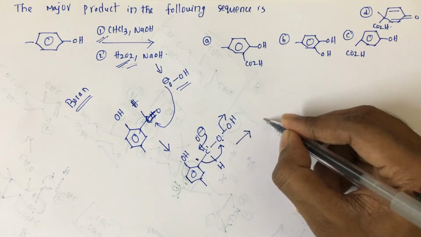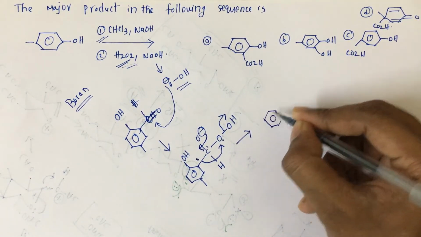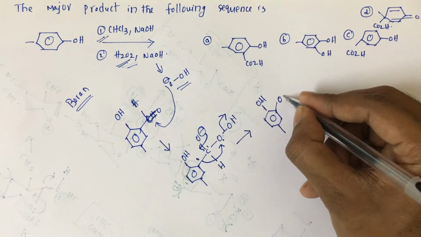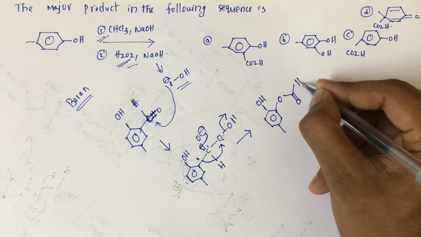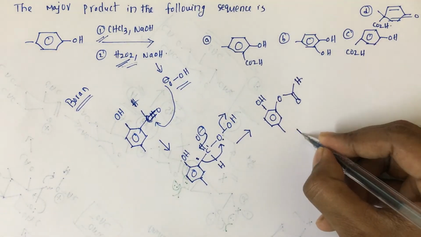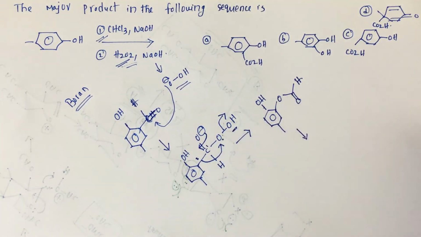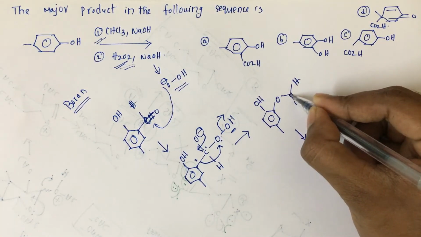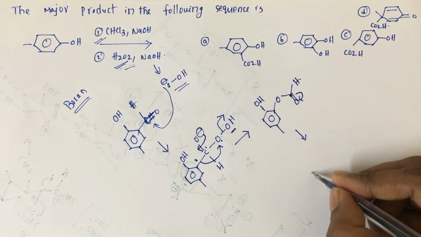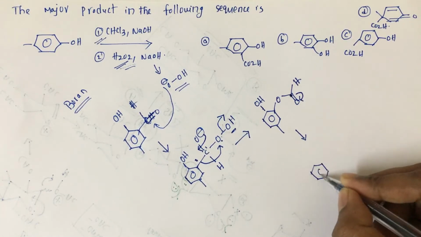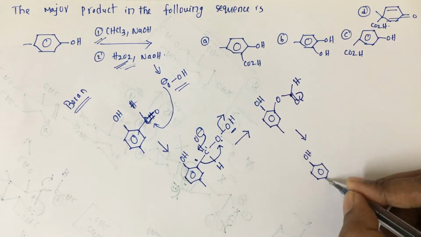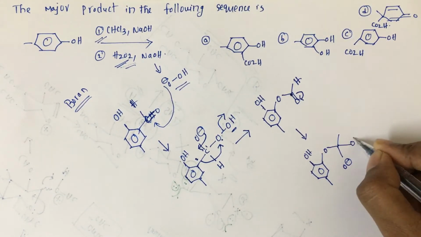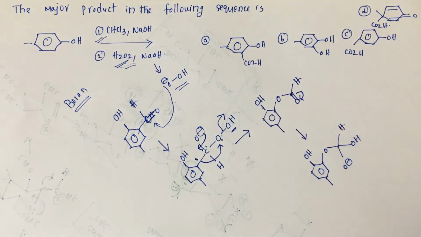Now it forms like this, OH, and the methyl group is here, and here O, and then the aldehyde. Now whatever OH minus was left from the reaction, that OH minus comes and attacks this carbon again, and this double bond comes this way, and this will become like this, OH, methyl group is here, O, the O minus here, OH, and H.